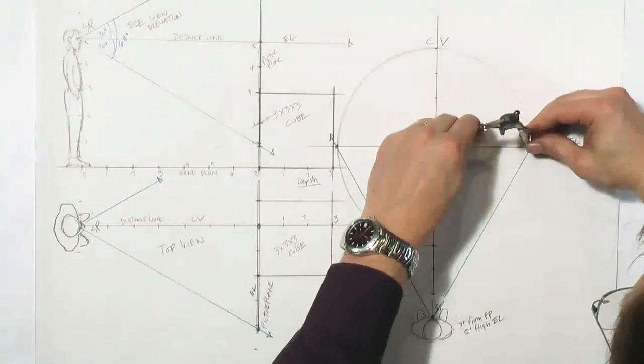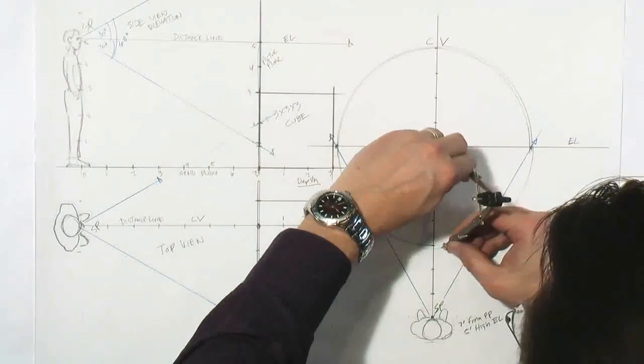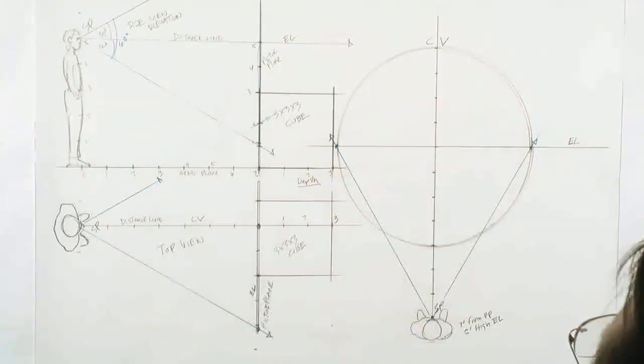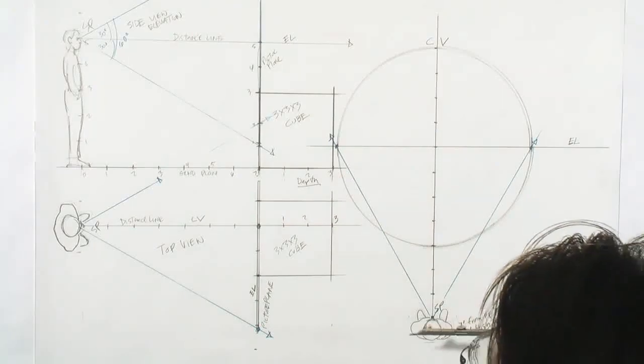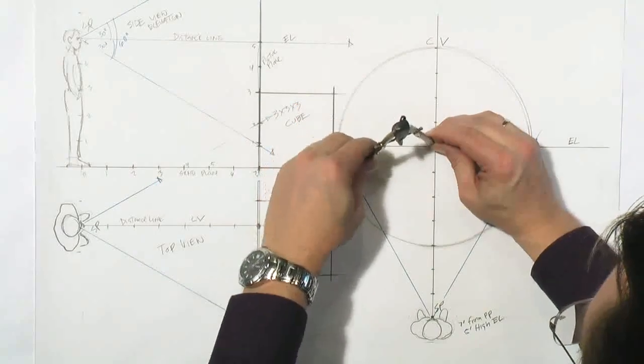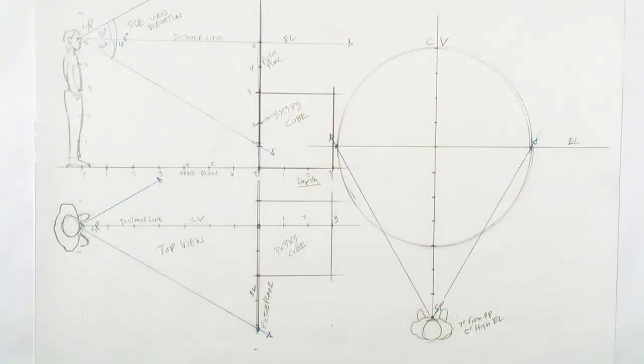This thing has seen better days, but I keep it around out of sentiment really. Anyway, that is the cone. I apologize for its terrible lack of stiffness. But you can see it. There's the cone of vision.